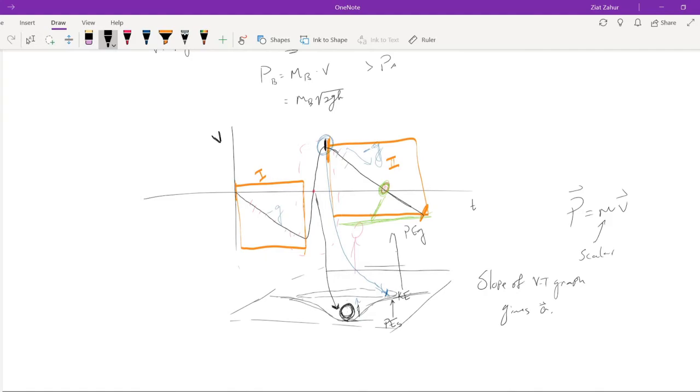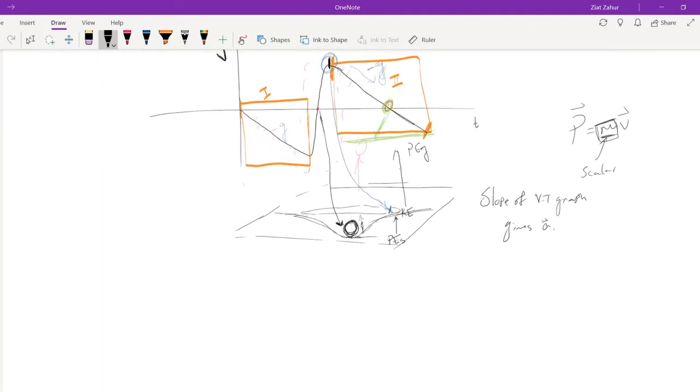The only thing that is being changed is that the velocity values are being multiplied by some value m. Okay, the shape of the graph is the same, yeah. It's just the scale of the graph, because we multiplied it by a scalar, the scale of the graph would be different, right?